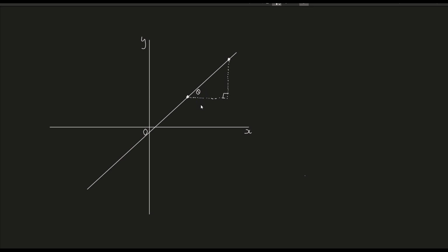If I can find this angle here, then if we remember back from maybe a couple years ago now, this is an F angle because this line is parallel with this one, so finding this angle would be the same as finding this angle, which is the angle between the straight line and the x-axis. Okay, so we have a right angle triangle, and I'm concerned with finding this angle.